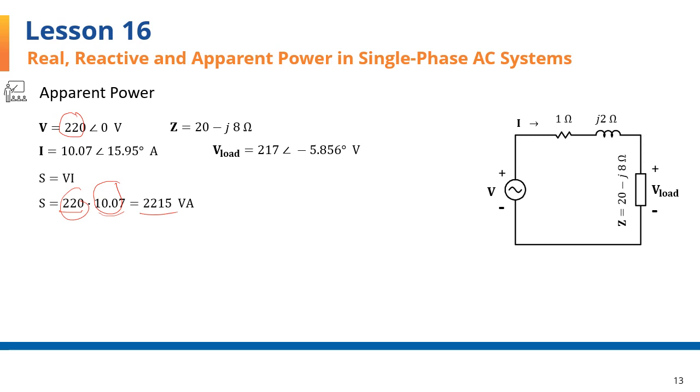For the load apparent power, we'll do something similar. The magnitude of the voltage for the load, 217 times the current, it's the same current, and the answer comes to 2,185 volt amperes for the apparent power of the load.